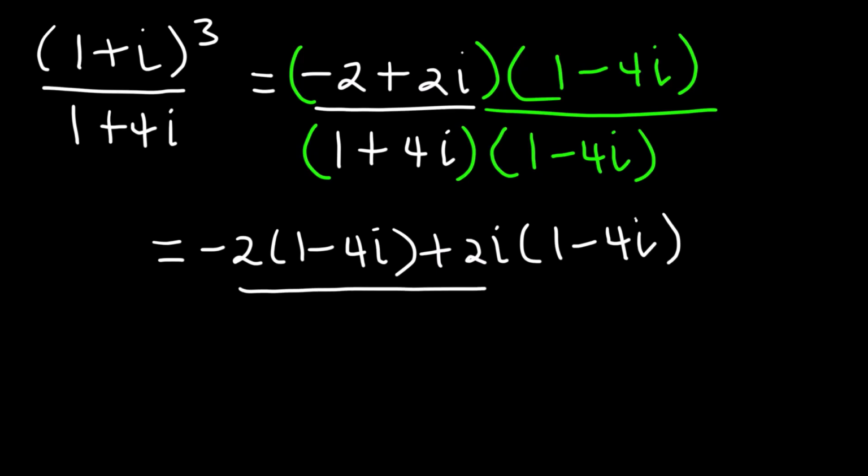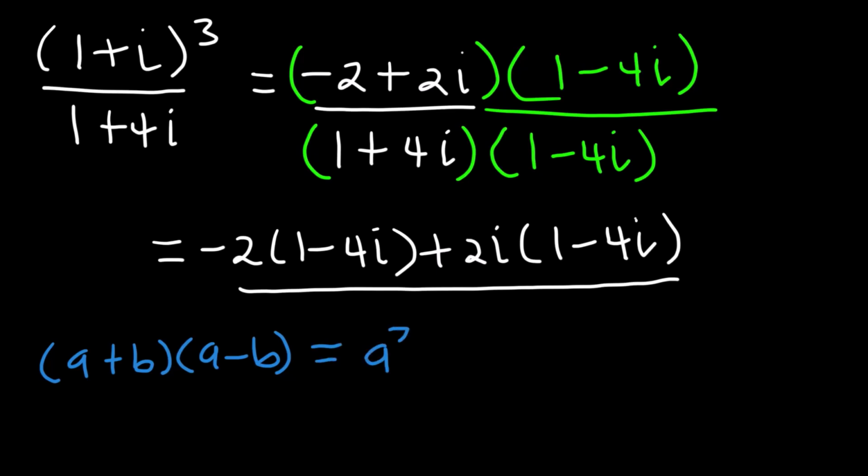And this will be divided by, now for the denominator, if you want, you can apply difference of two squares. Whenever you have, let's say, a plus b times a minus b, this is the same as a to the power of 2 minus b to the power of 2.